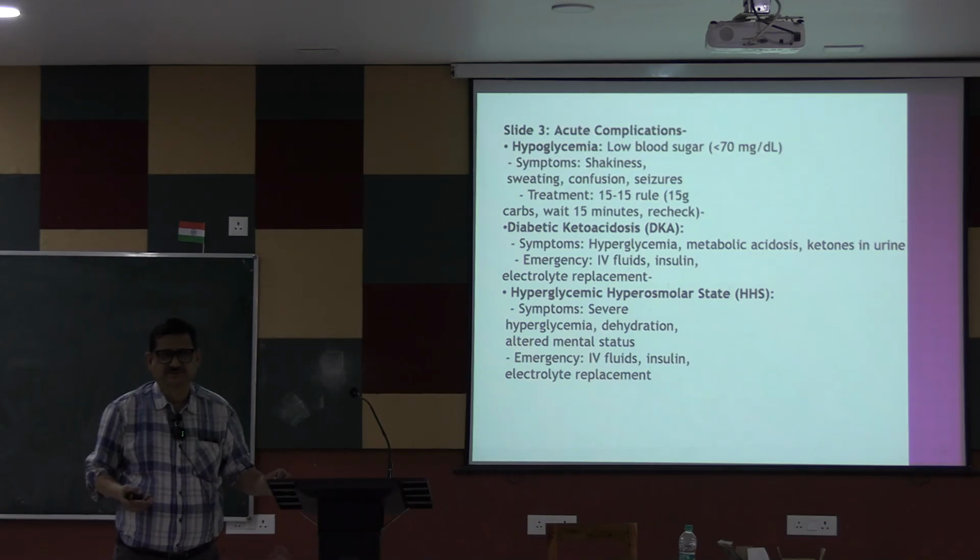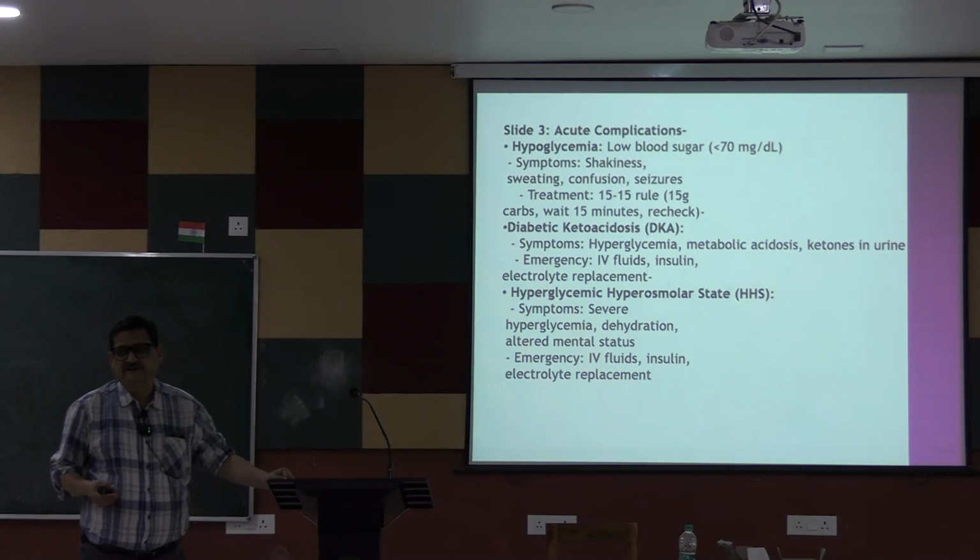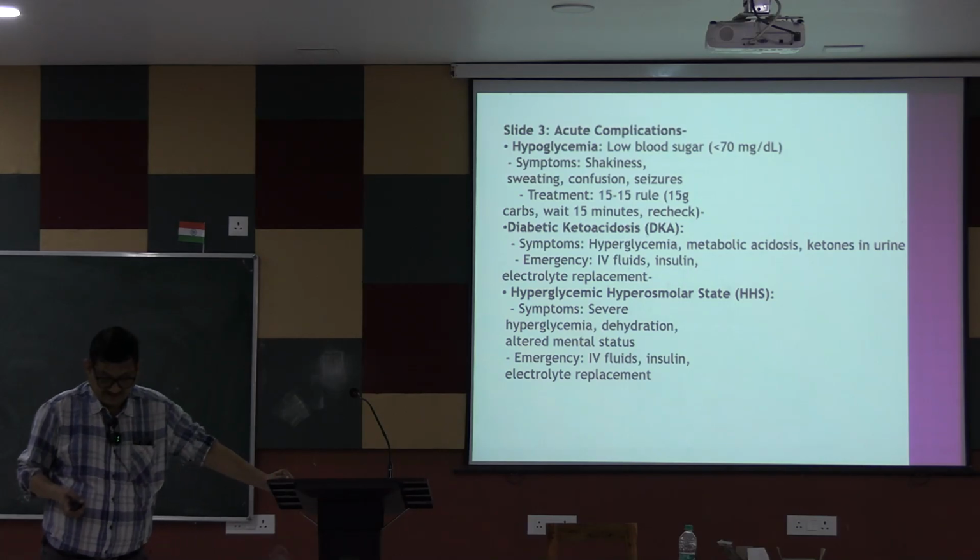then loss of consciousness. And if this blood glucose level of less than 70 milligram is prolonged beyond 30 minutes, there may be irreversible damage in the brain or kidney.